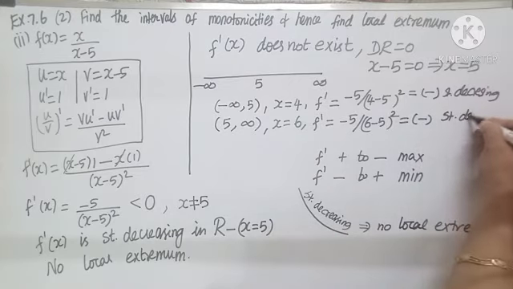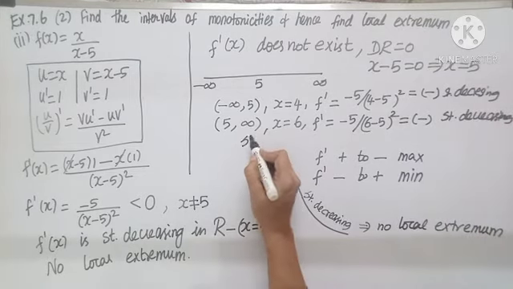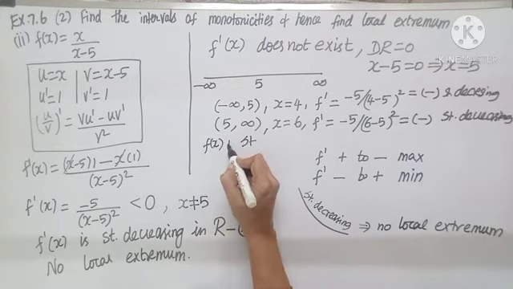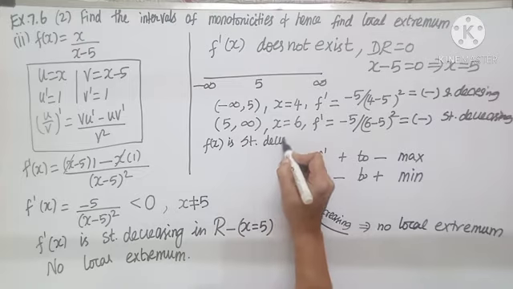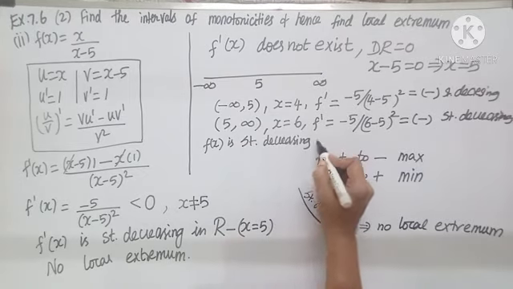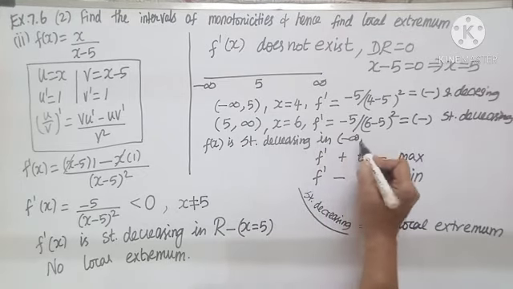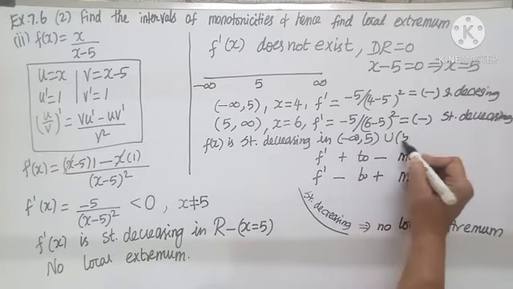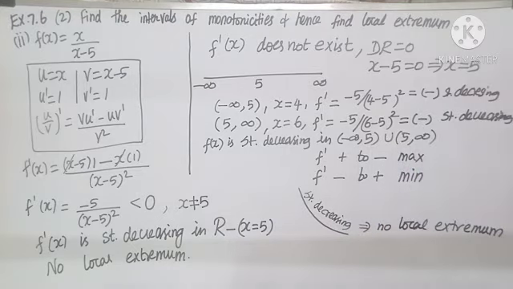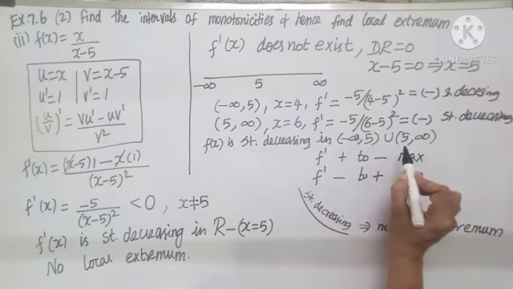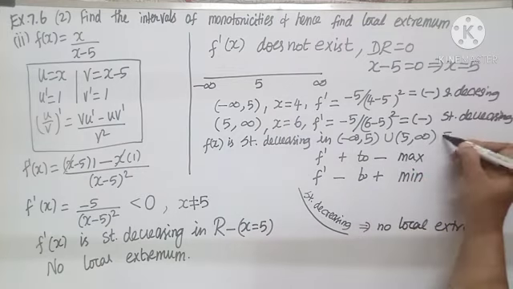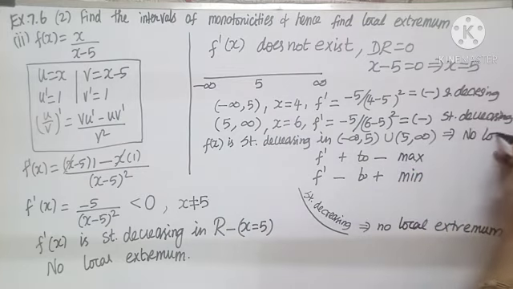So here also it is decreasing. So we will say f of x is strictly decreasing in minus infinity to 5 union 5 to infinity. Only which point is not inclusive? 5. This implies no local extremum. And that is the answer.